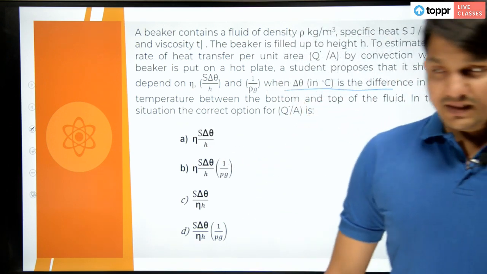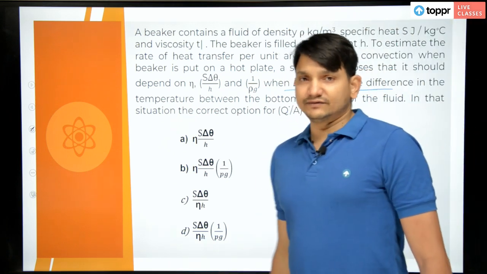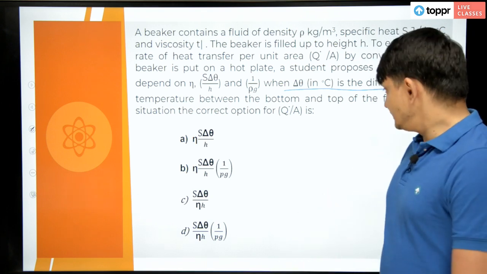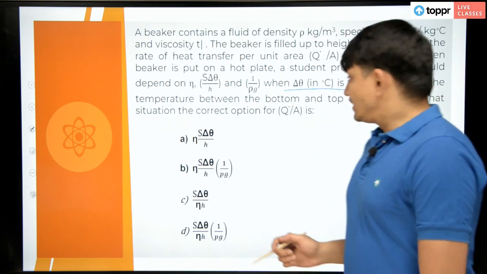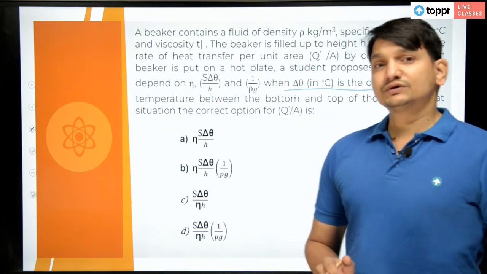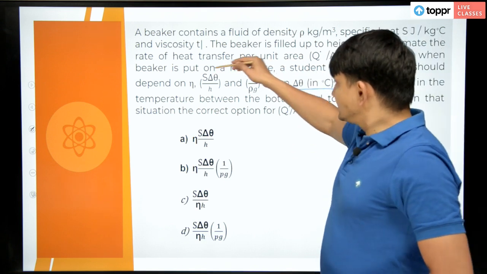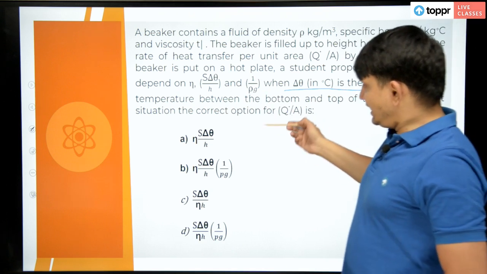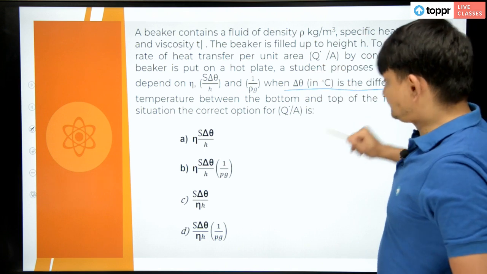I am not going to solve it here because it will take a lot of time and that will consume our designated time. What you can do is go through dimensional analysis and see if all these variables that the student suggested satisfy our situation or not.